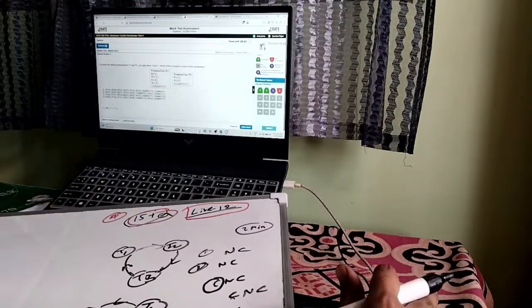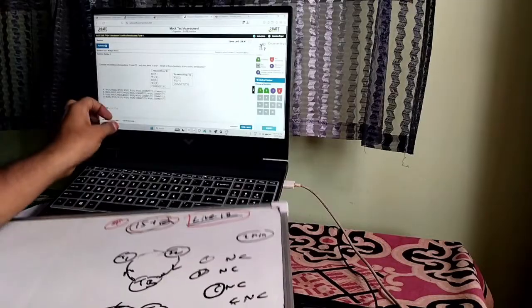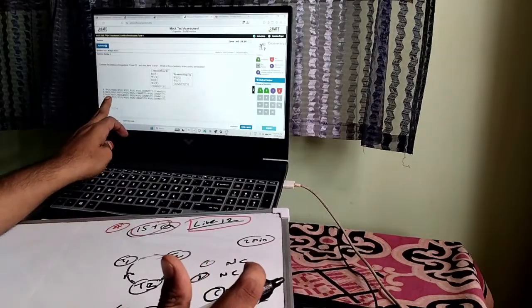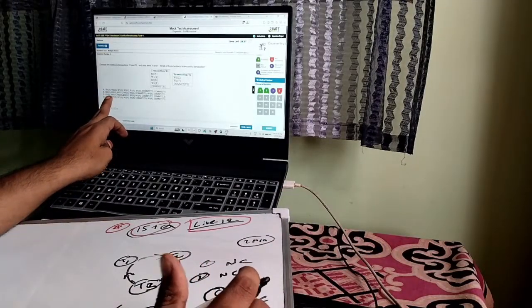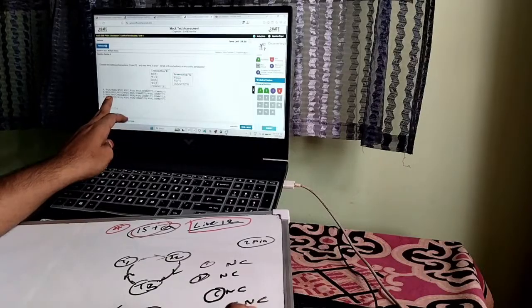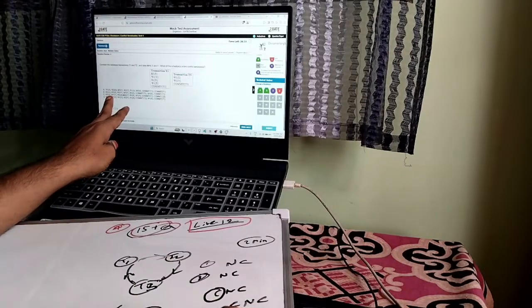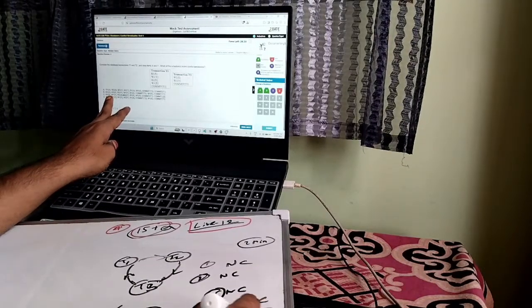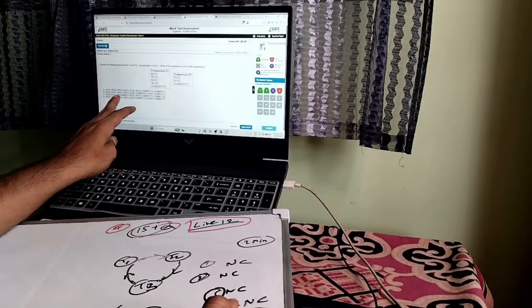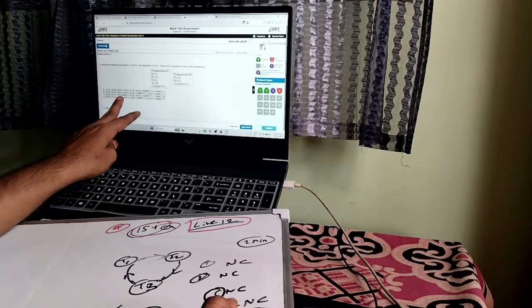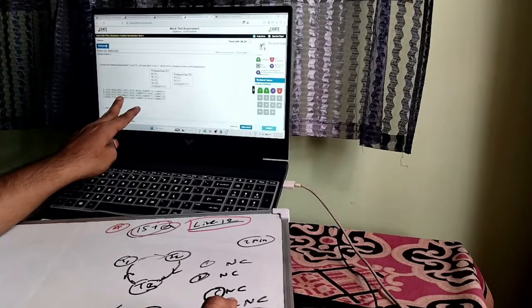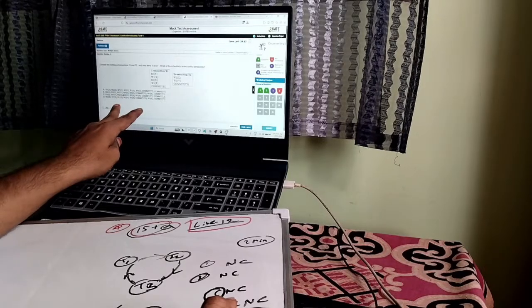R1 X, declare X. 1 to 2, 1 to 2 is there already.